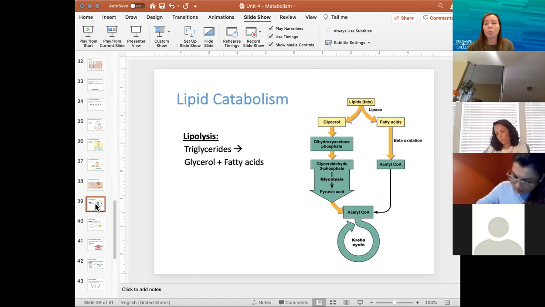Why do you think this could be dangerous? Why can ketosis be dangerous? Remember what I said ketone bodies are. They are acids. So what if they start building up? Could it throw off the pH in your blood? Absolutely. So all these ketones start building up in the blood, it's going to drive the blood's pH down.